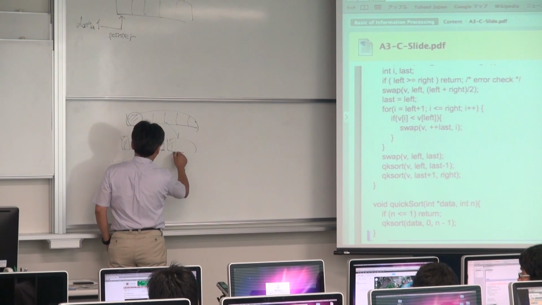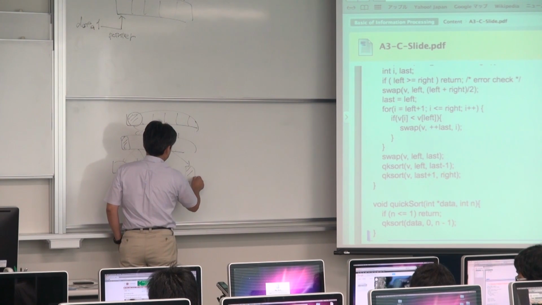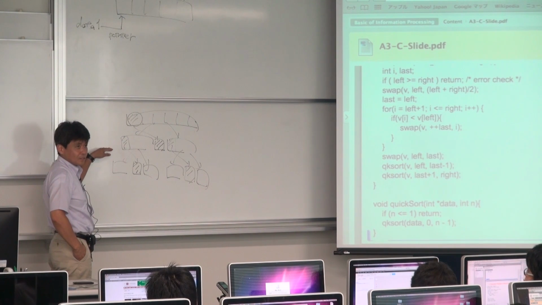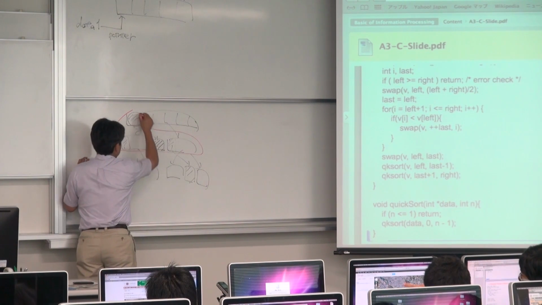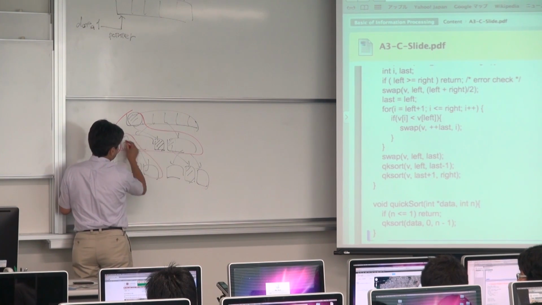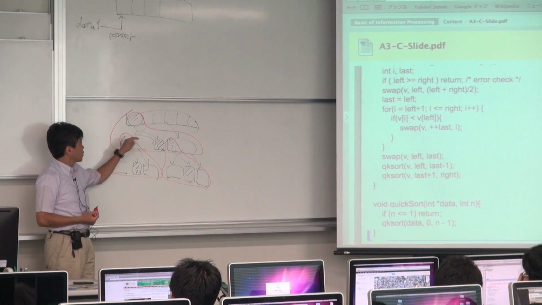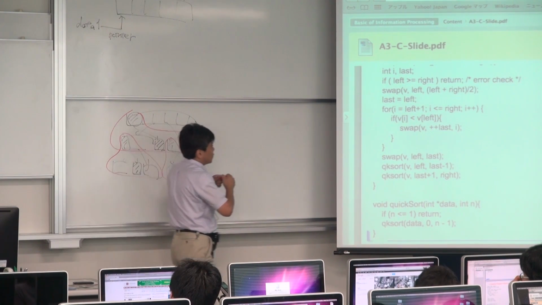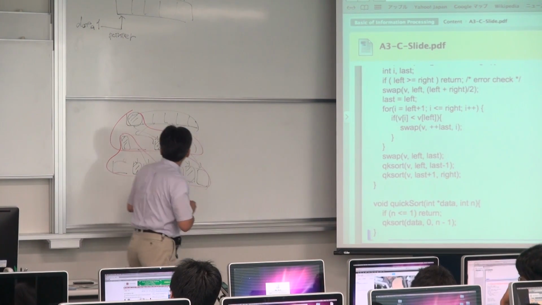So in this way, recursively, this operation will be applied to the corresponding data. So when calling the quicksort algorithm, you have to specify the left and right position. Okay?